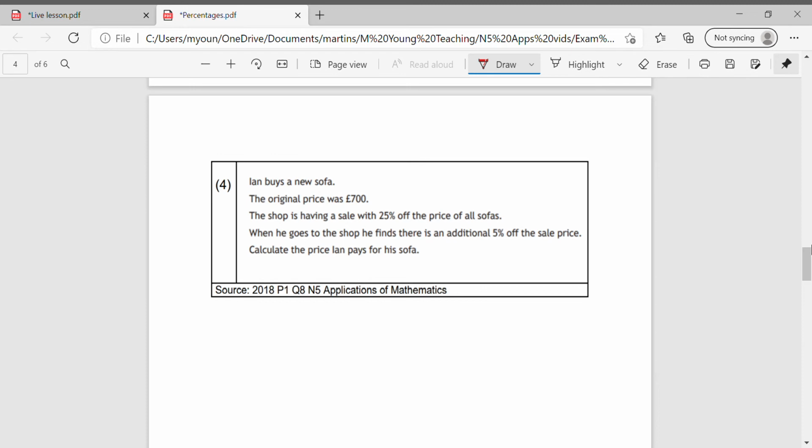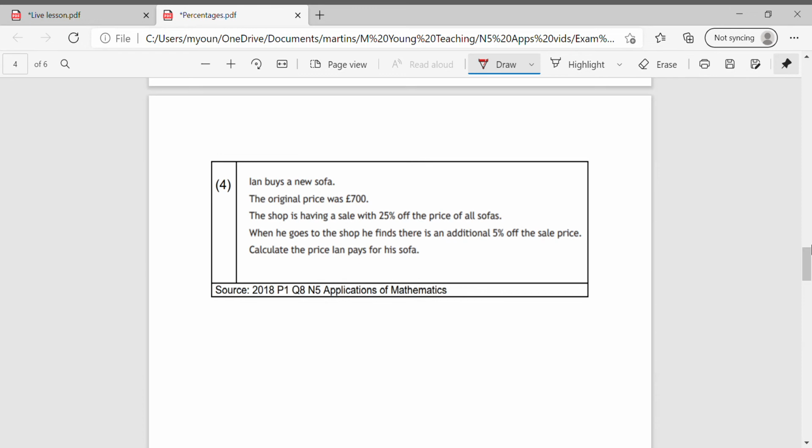Now, if it said something like 25% off all sofas and then another 5% off the original price, all you would need to do is add the 2 percentages together. But what it says here is you're getting an extra 5% off the sale price. So that makes it a little bit different.